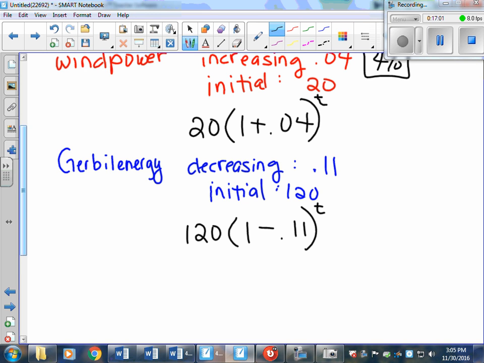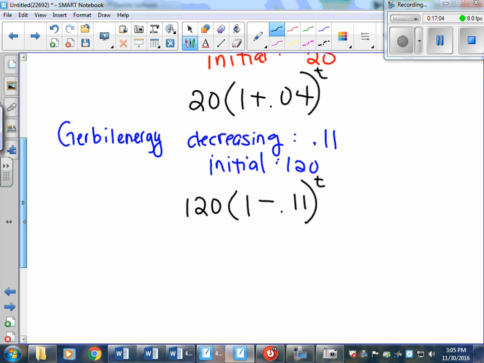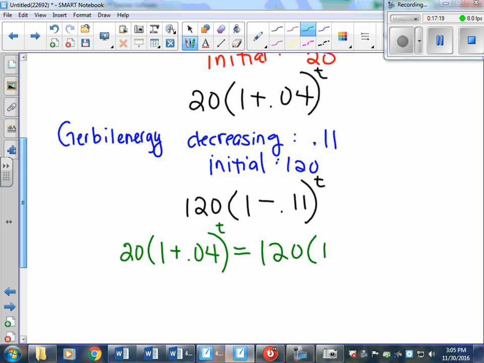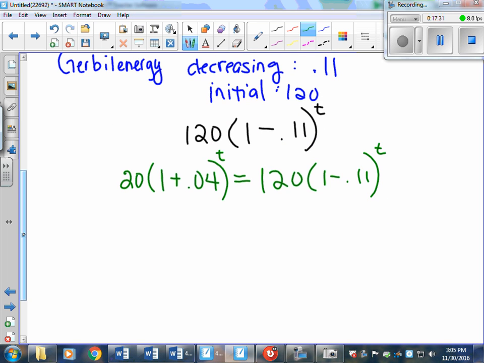So to find out where these two are the same, we're simply going to set them equal to each other. So we're going to say 20 times 1 plus 0.04 to the t power equals 120 times 1 minus 0.11 to the t power. Now, you can't solve this, because in here you are not able to solve anything that has exponentials unless we can bring it down to the same base.